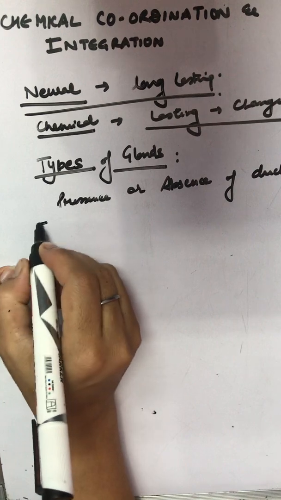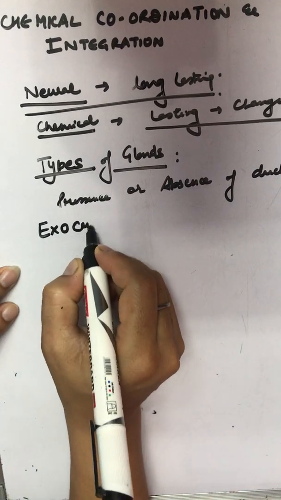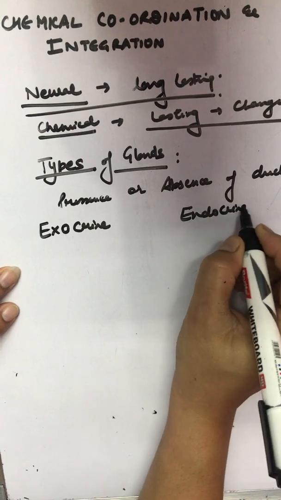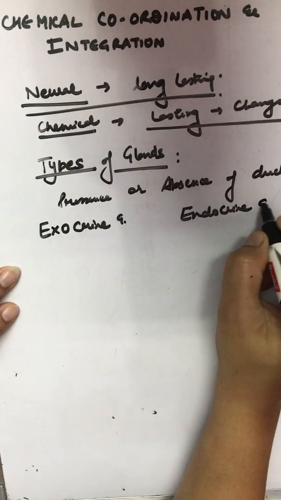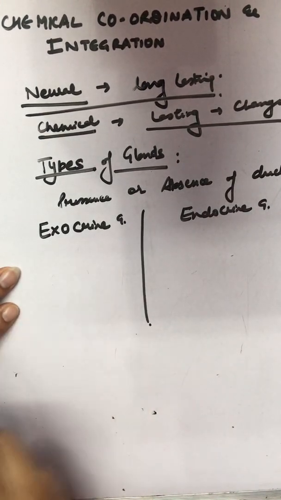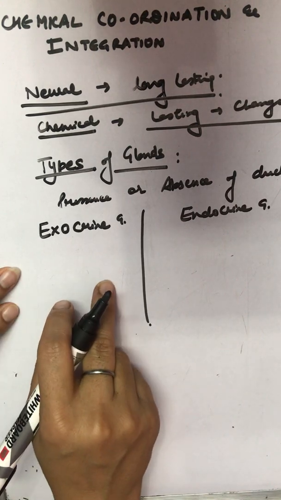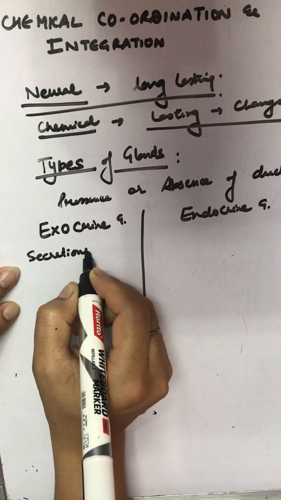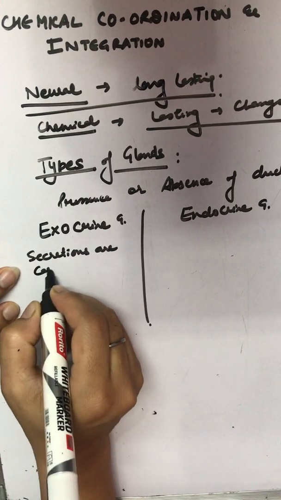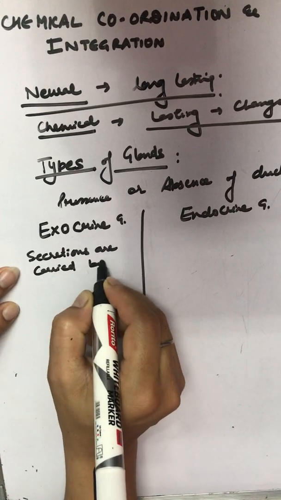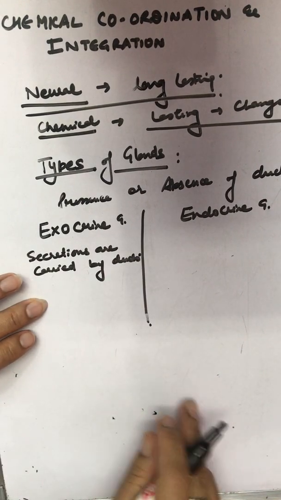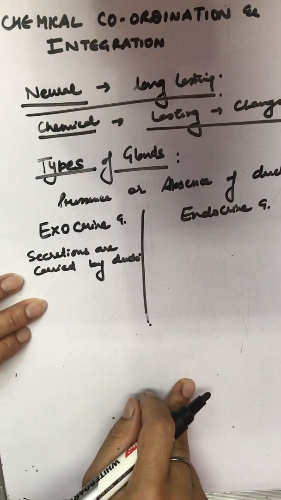We know them as exocrine gland and endocrine gland. Exocrine, where the secretions are carried by ducts to a particular organ for some metabolic activity.